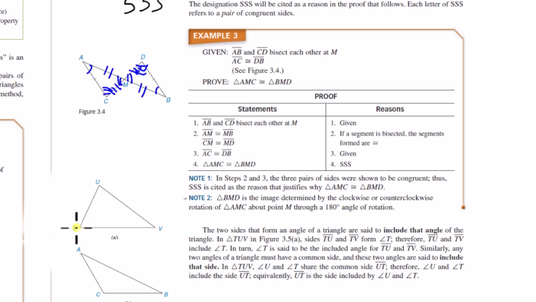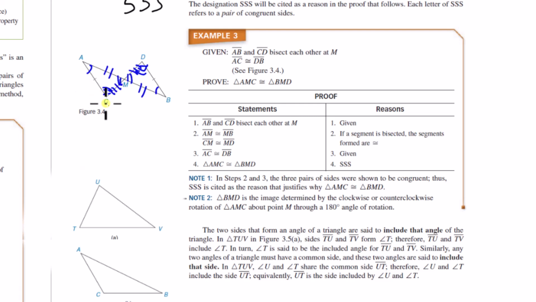These two sides form angle T. Therefore, you can say that sides TU and TV include angle T. All right. In turn, angle T is said to be the included angle for TU and TV. So angle T is included between TU and TV, or you can say that TU and TV include T.